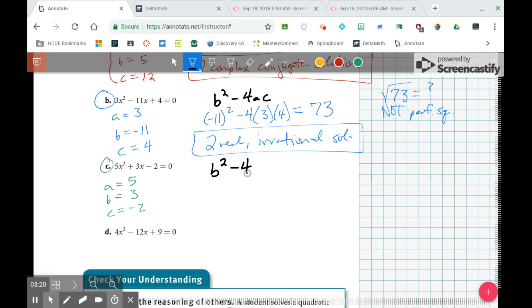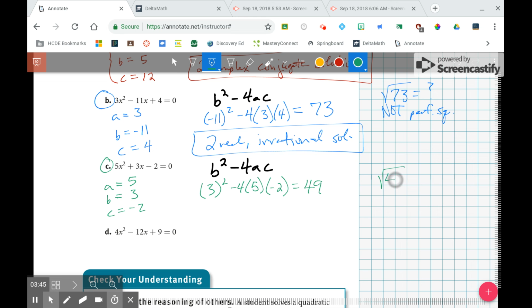Let's find that discriminant. Okay, so when we do b squared minus 4ac in this problem, we should get 49.